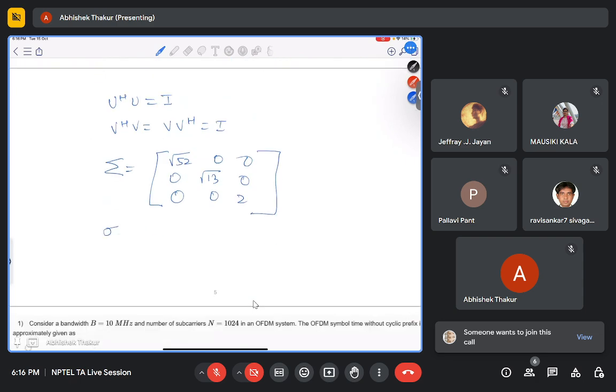So here the singular values are root 52, root 13 and 2. So sigma 1, sigma 2, sigma 3 are greater than 0, and also sigma 1 is greater than sigma 2 is greater than sigma 3, that is in decreasing order.